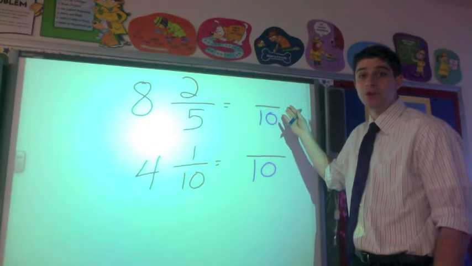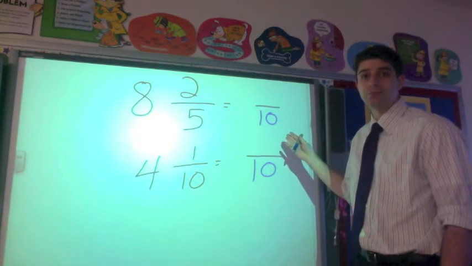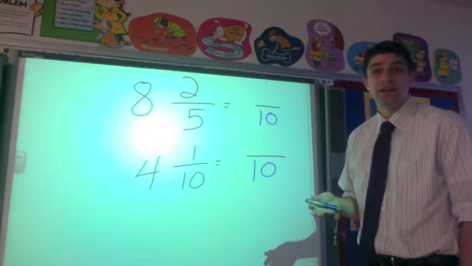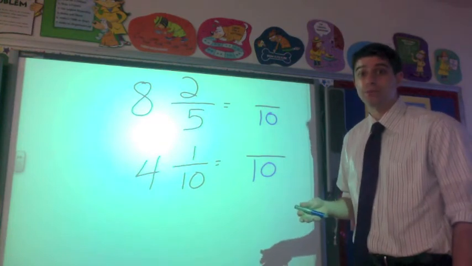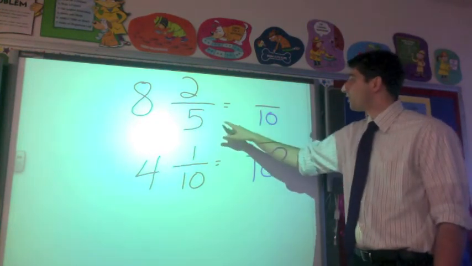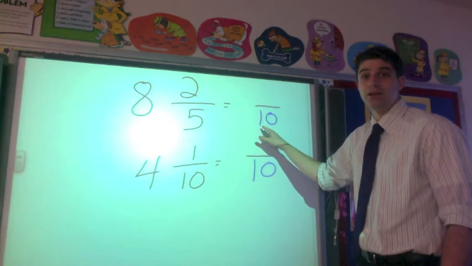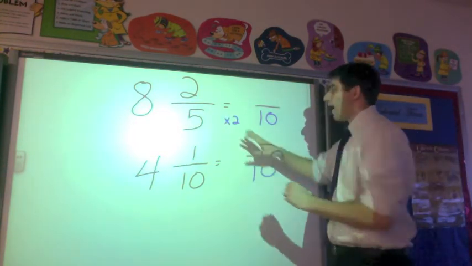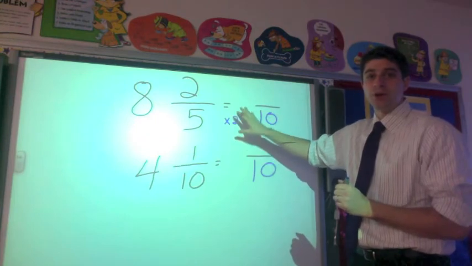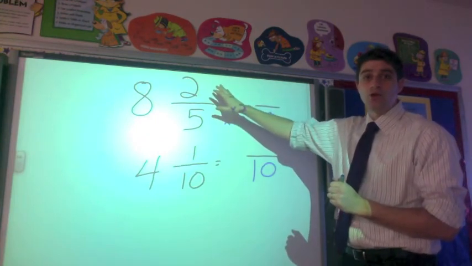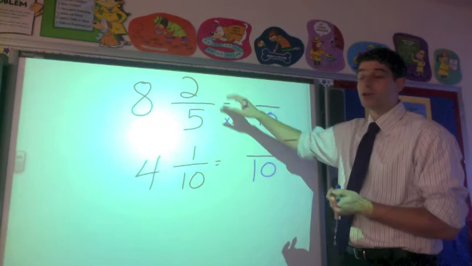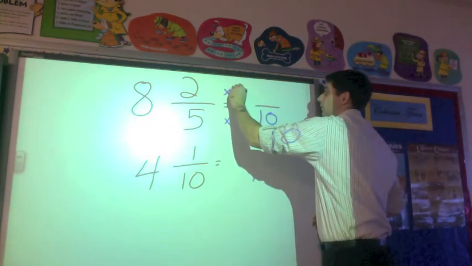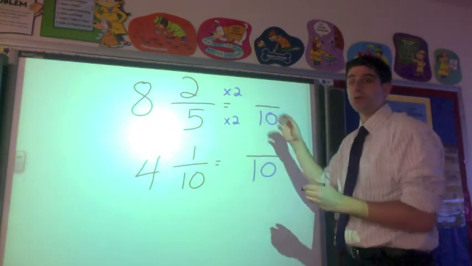The only thing missing are my numerators. So now I have to see what my new numerators are. 5 times what will give us 10? If you said 2, you're right. And I write that down here, so I know I have to multiply my numerator by 2. 2 times 2 is 4.